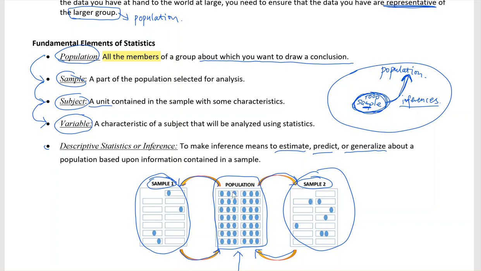And then the process that we want to make the conclusion about the population, so we select the sample from the population, and then based on the samples we make the conclusion back to the population.